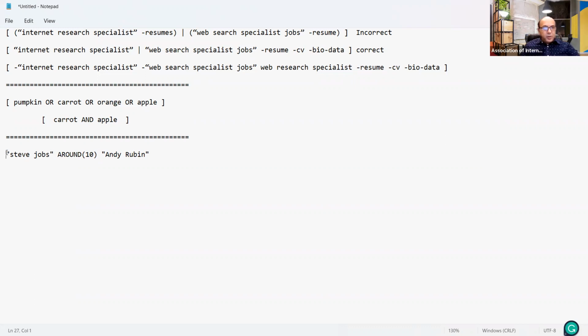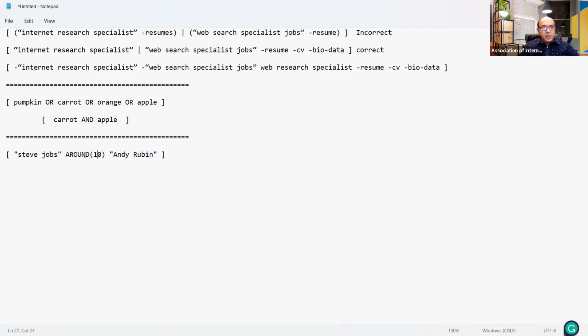And the way you're going to construct the query using the around is that it has to have the terms on either side of it. You can't leave anything blank or nothing before the around. And the same thing, you have to put something after the around.